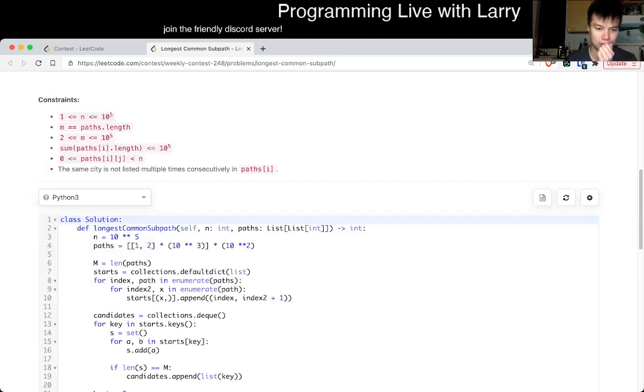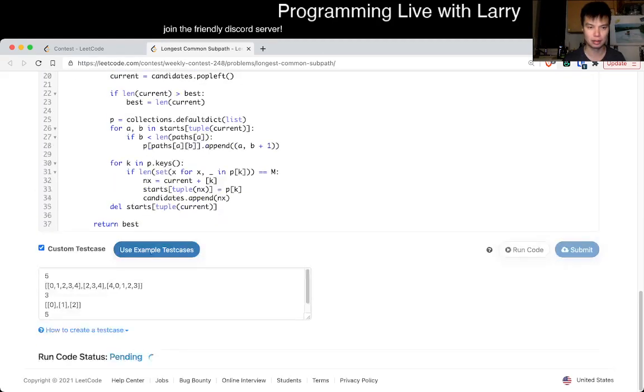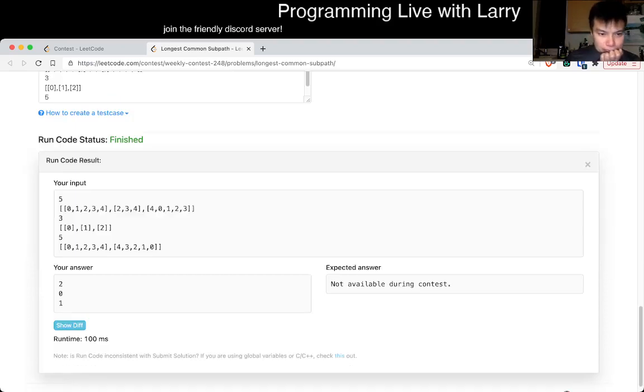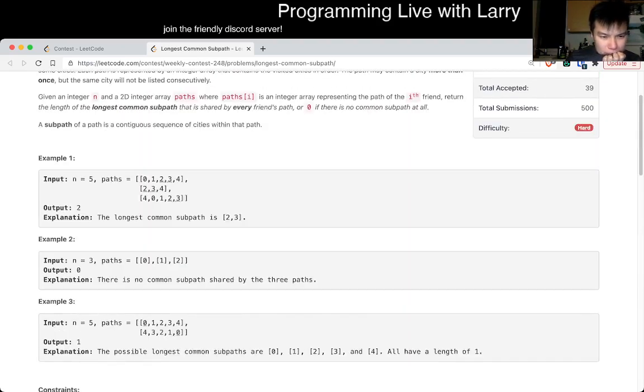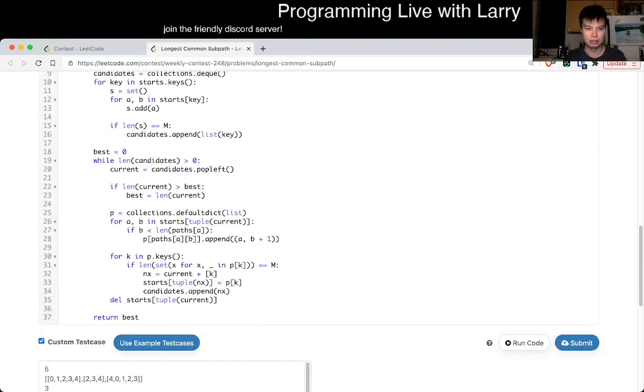Okay, well, I'll remove this before I forget it. The tuples are weird.